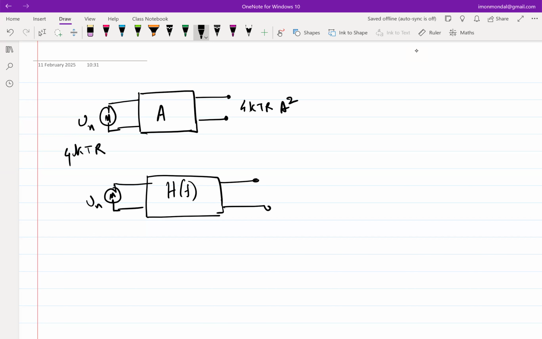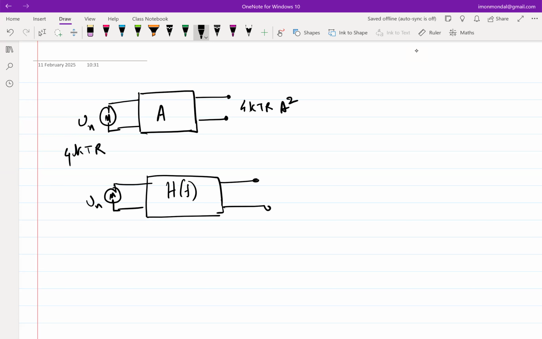Using the same logic, assuming Vn is a signal, the output would have been the frequency domain component of Vn, that is Vn of f times h of f. But this is not a signal, so you take Vn of f squared times h of f squared.